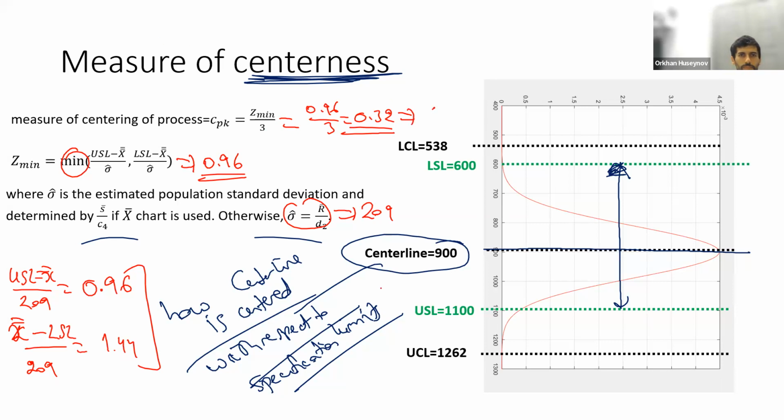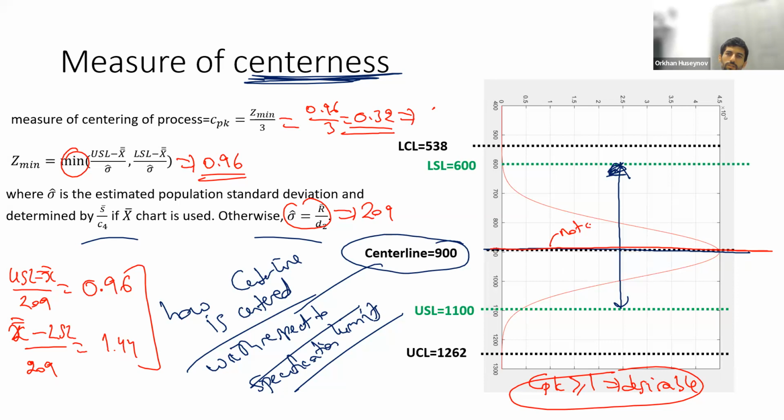We are looking for a CPK value greater than or equal to 1 as desirable, because it should be centered. As you can see here, the 900 is here, the 600 is here, and 1100 is here. This one is not centered, because we are taking the minimum of this part and the minimum of this part.